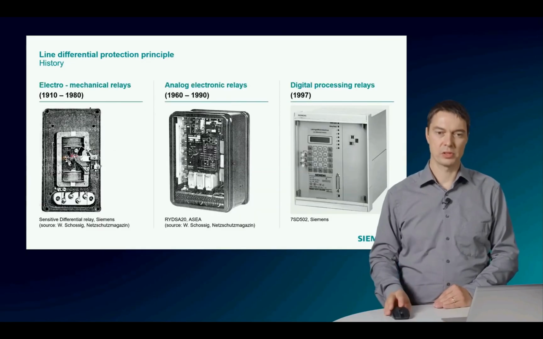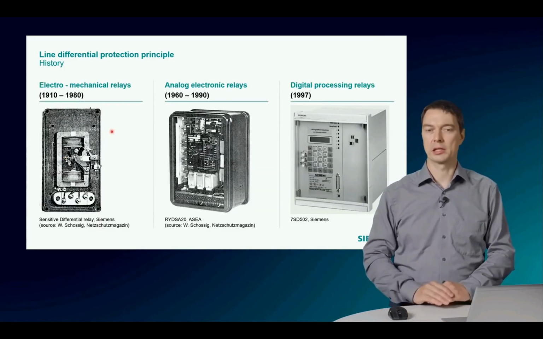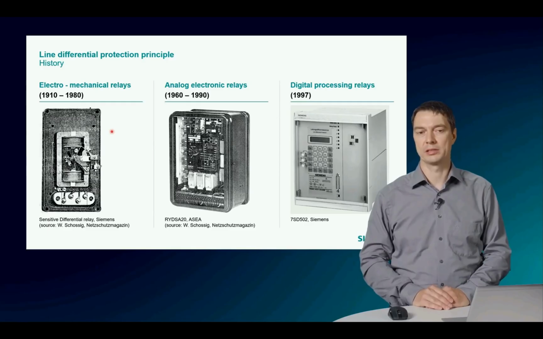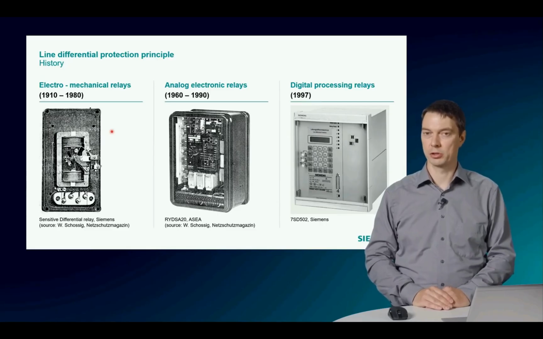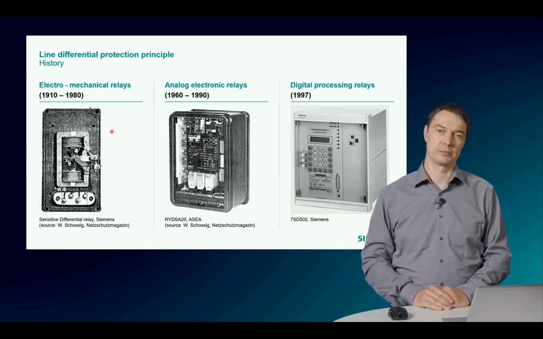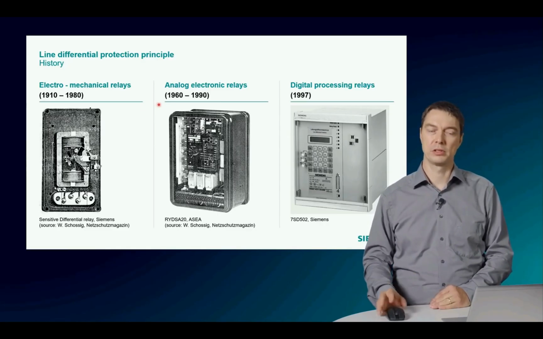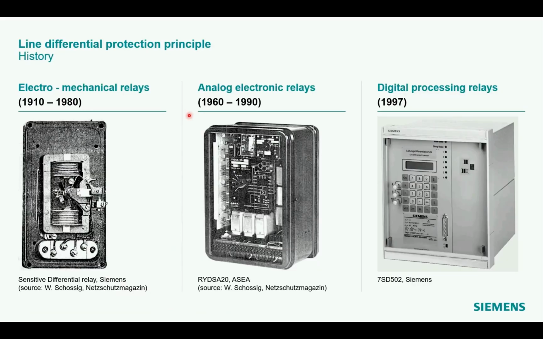This principle was then applied in electromechanical relays from about 1910. In these relays, the mechanical torque produced by the differential current operated a trip contact. Around 1960, analog electronic circuits replaced the balanced beam systems and a higher sensitivity was obtained.